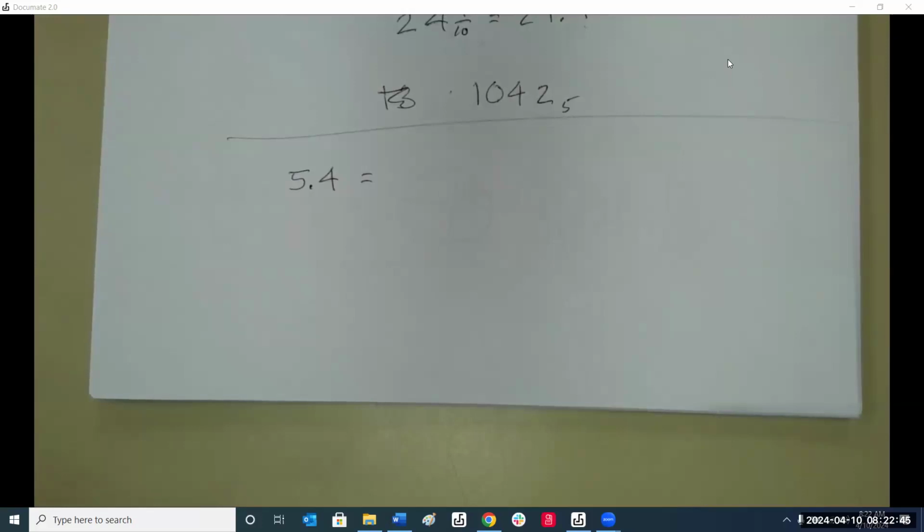How many cubes would you need? Very good. Why is that? Each decimal, or each tenth, would be a block. Mm-hmm.